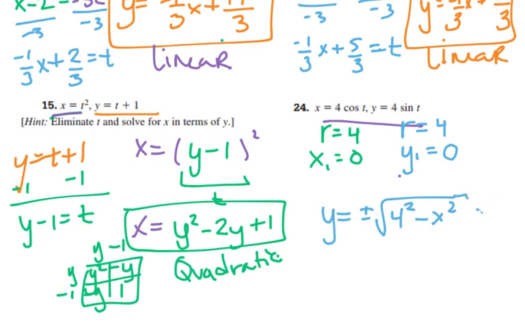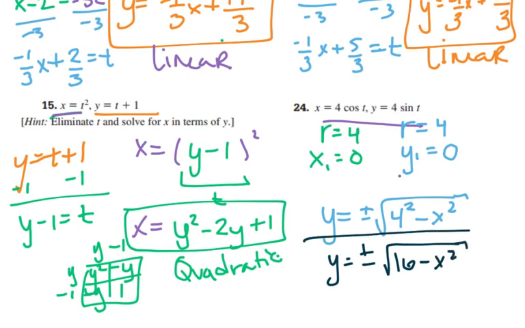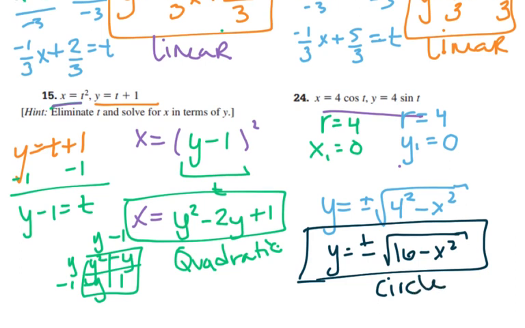So we can take that off, and then simplify just a little bit by making 4 squared into 16. But this is our circle equation. And again, you kind of know it's going to be because you have sines and cosines.